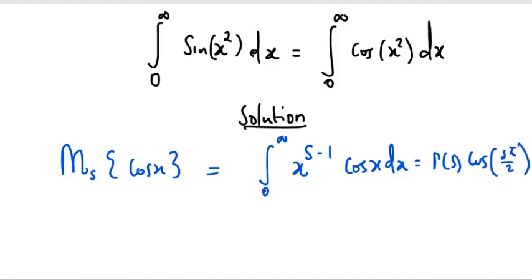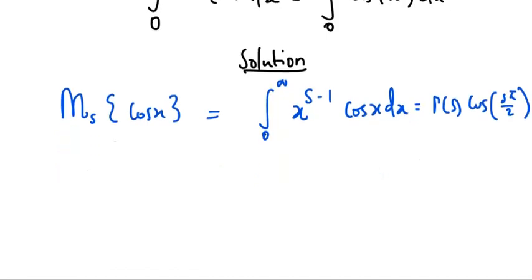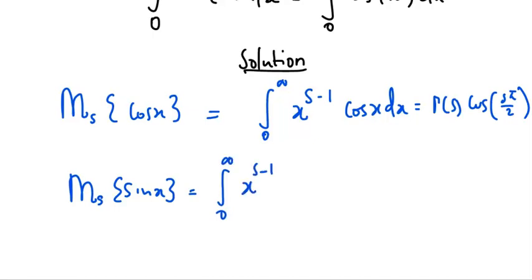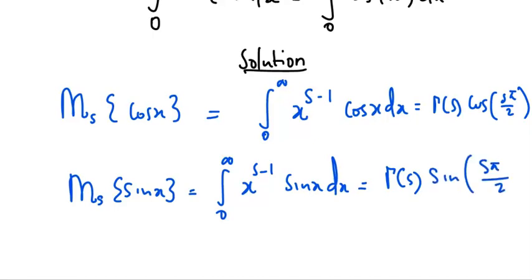Interesting, right? And for the sine of x, the Mellin transform of the sine function is the integral from 0 to infinity of x raised to the power of s minus 1 multiplied by the sine of x dx, and this is equal to gamma of s multiplied by the sine of s pi divided by 2.